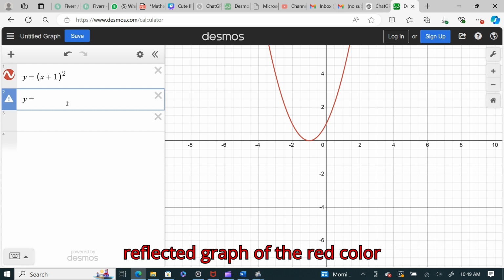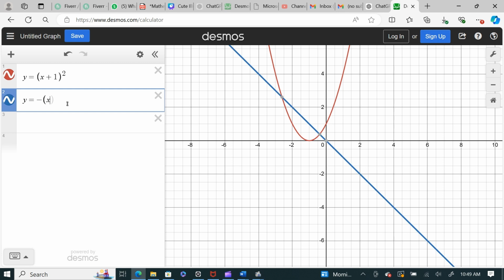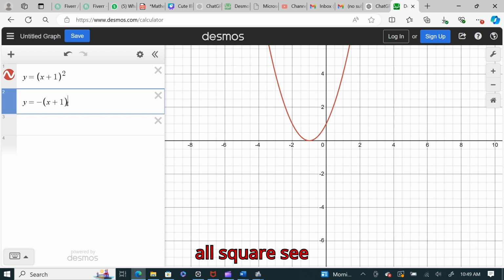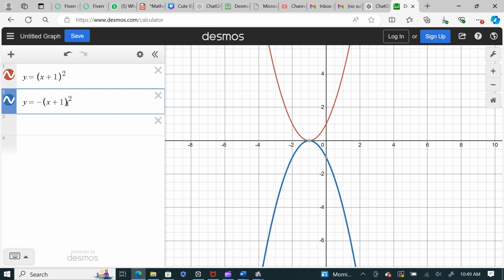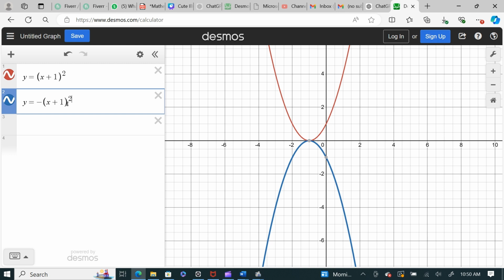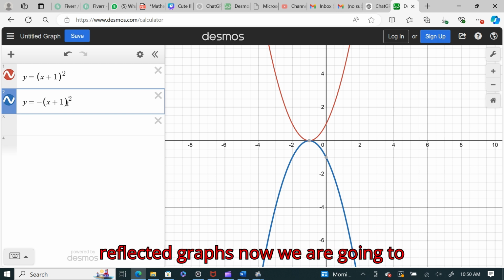Then I get the reflected graph of the red color graph. See? I got the reflection of the red color graph. So that's all about reflection or reflected graph.